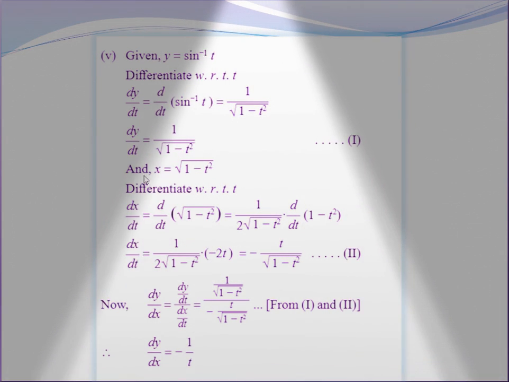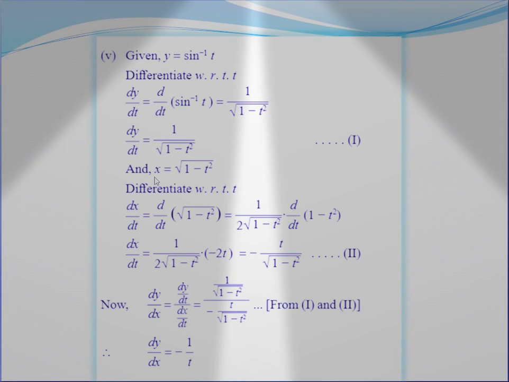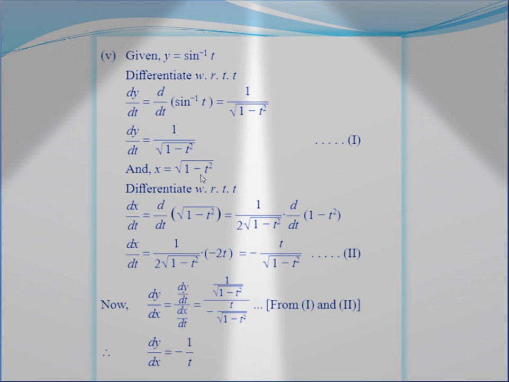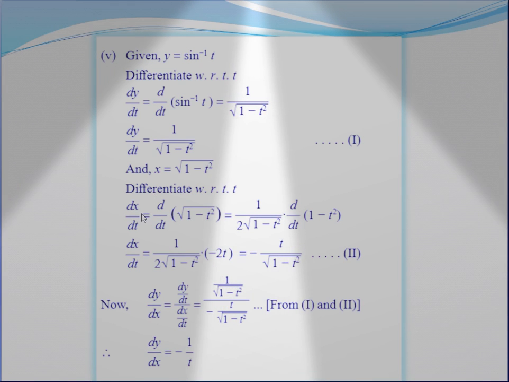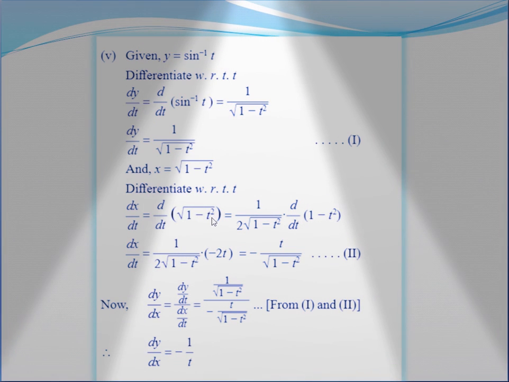Now consider equation number second. x is equal to under root 1 minus t square. Now differentiate this equation with respect to t. Therefore, the derivative of x is dx upon dt is equal to d by dt of under root 1 minus t square. Now under root 1 minus t square is a composite function.